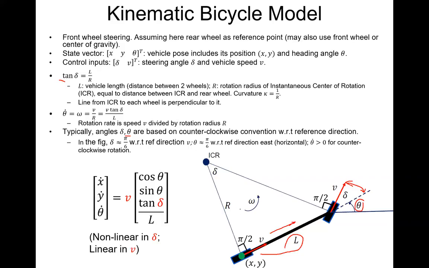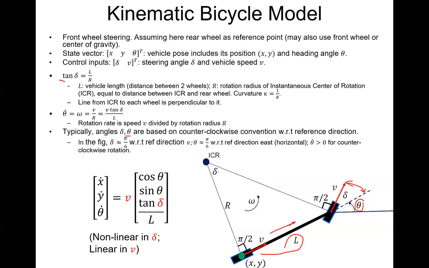The reason that this relationship holds is that if you look at the diagram here, the rear wheel's direction is perpendicular to the line from the ICR to the rear wheel. And the front wheel's direction is perpendicular to the line from ICR to the front wheel.